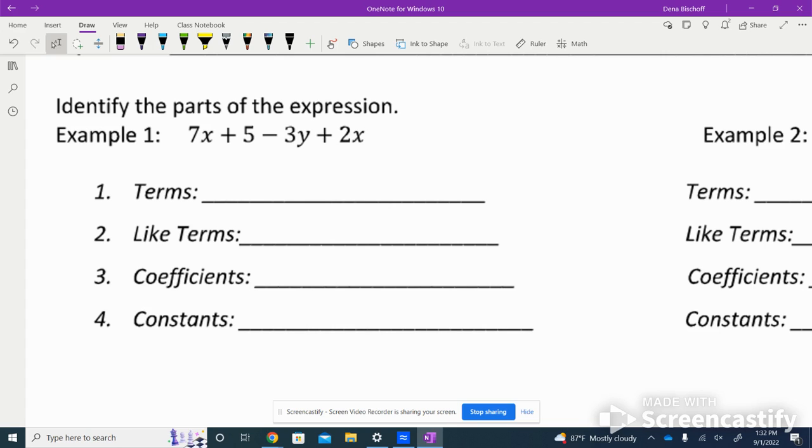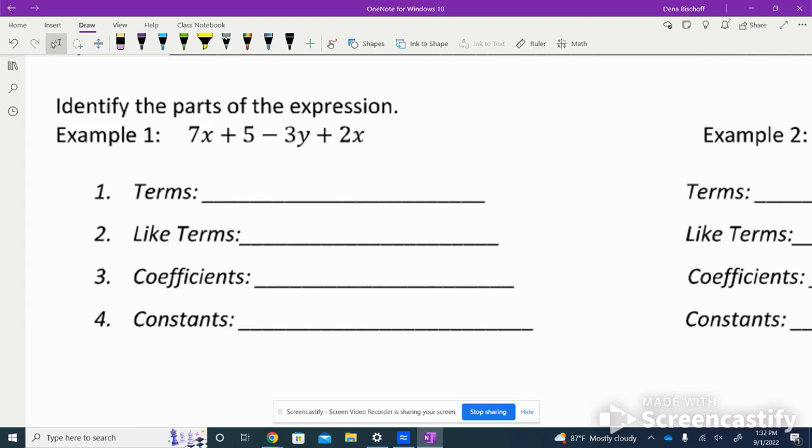Negative 3y. And this is a term, 2x. Okay? So those are terms. Remember we said they could be numbers, variables, or numbers and variables together. So all of these things that I have circled together, we're looking at like, same, mismo, right?